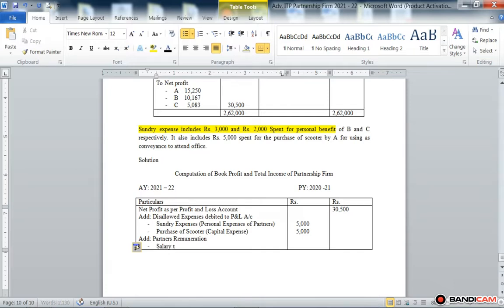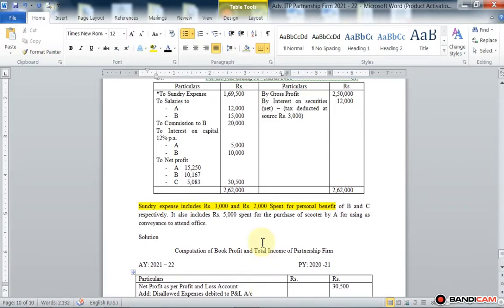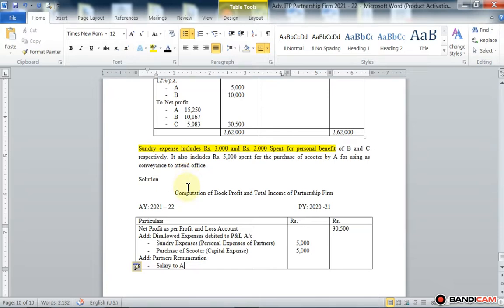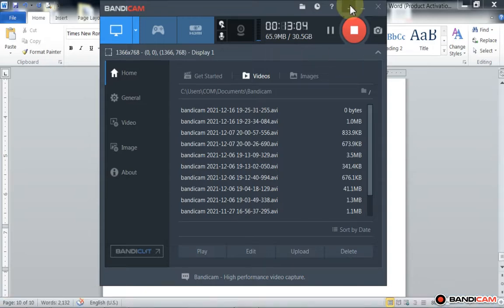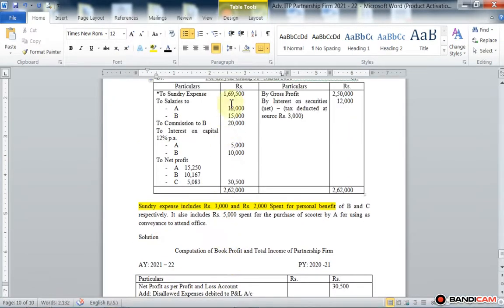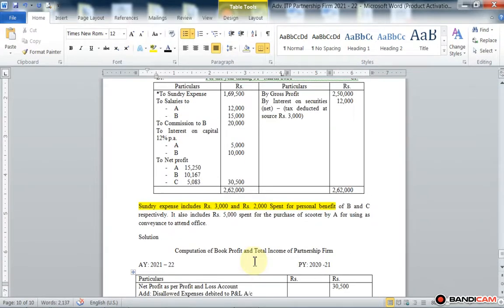Salary to A amounting to rupees 12,000. Salary to B amounting to rupees 15,000.